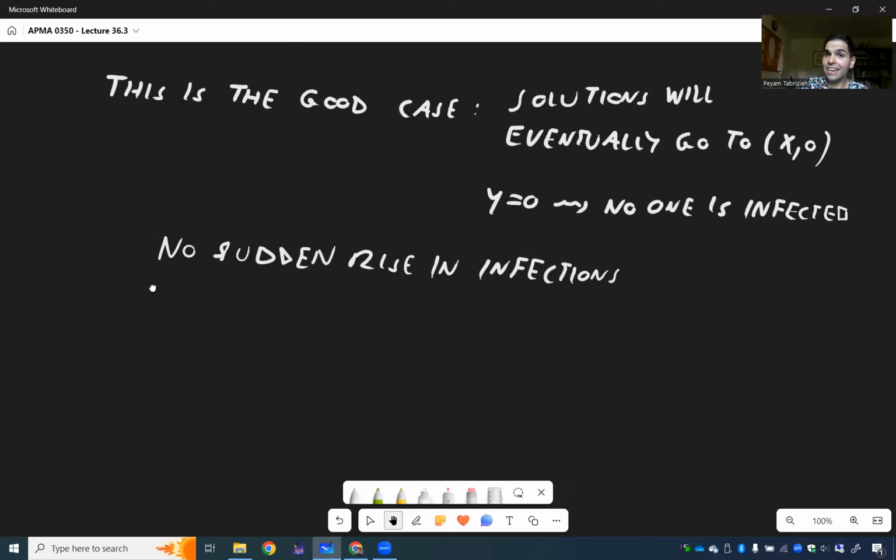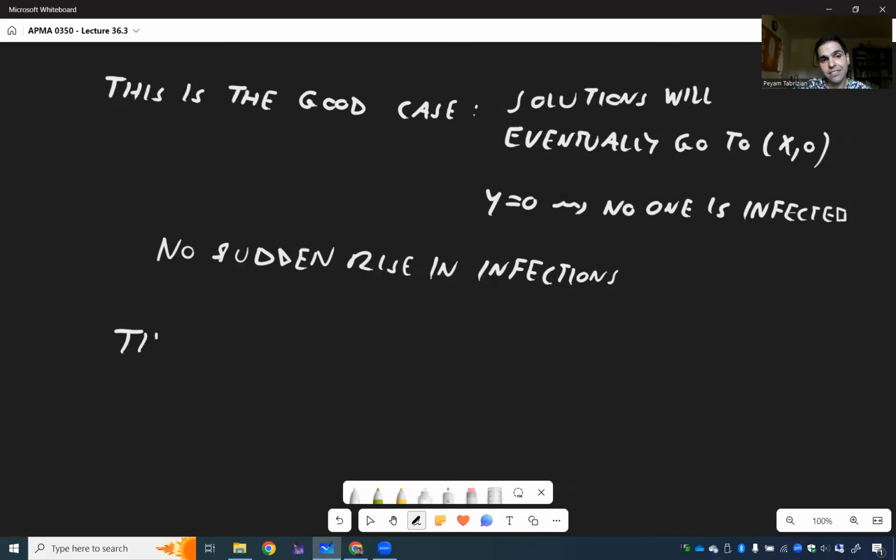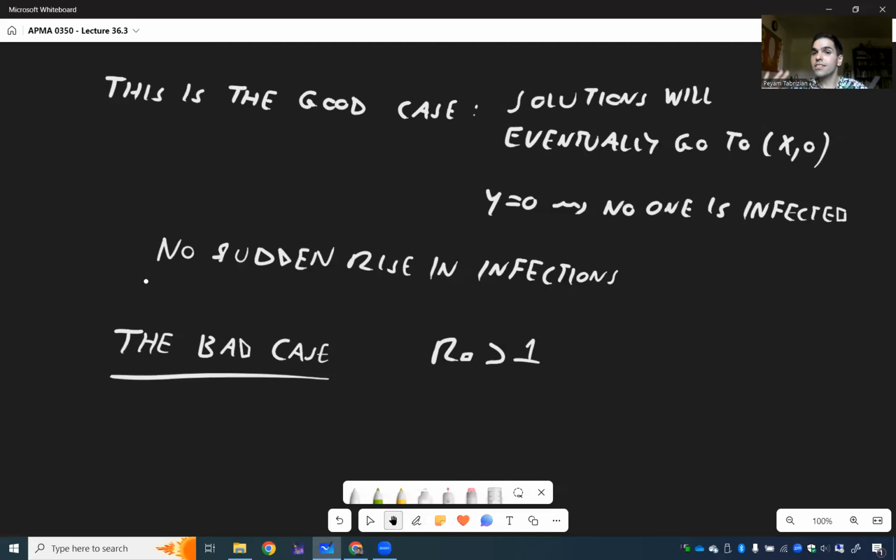On the other hand, let's look at the bad case, where r naught is greater than 1. So remember, on average, a sick person infects more than one person during their lifetime.